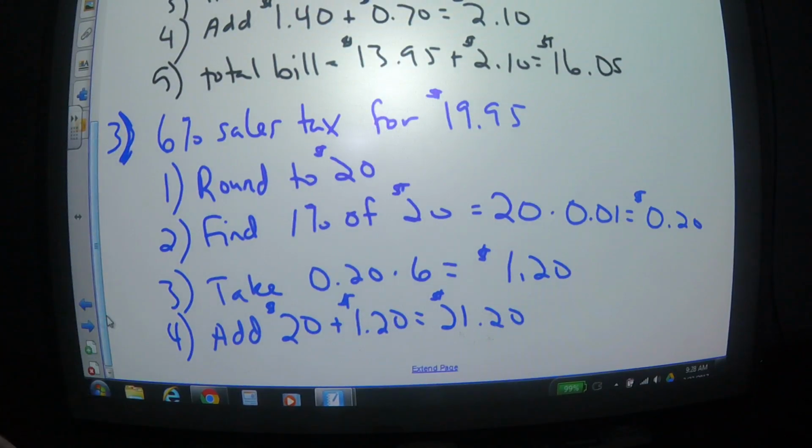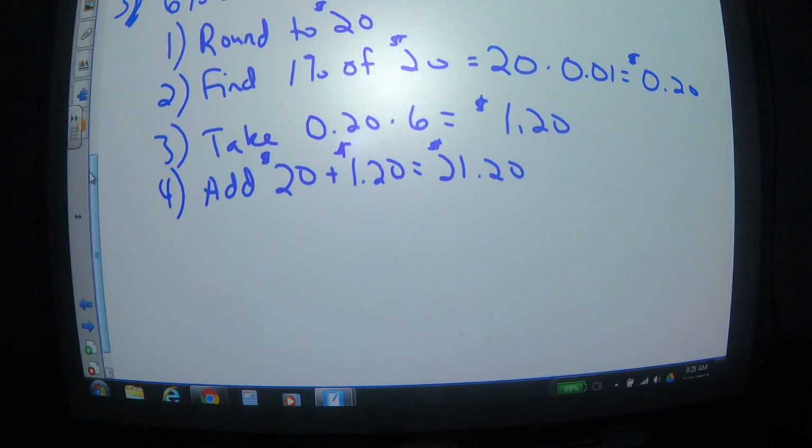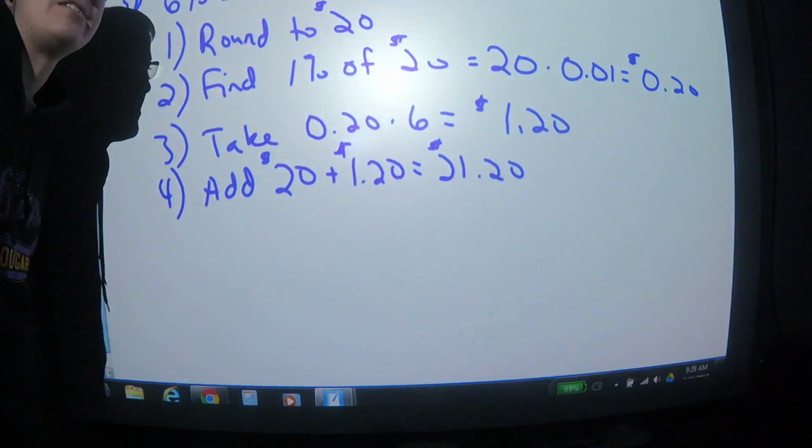Number 3 is sales tax. Sales tax is just like tip. The only difference is that instead of leaving a tip, you're actually paying sales tax, and they tell you a certain percentage. It's not as clean as it is with the others, so we do it just a little bit differently, but you're still doing the same process. So, 6% sales tax on $19.95.